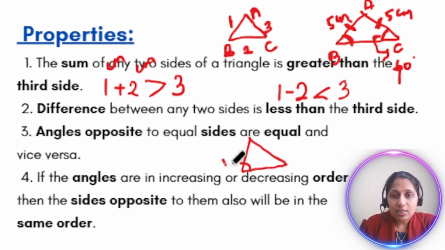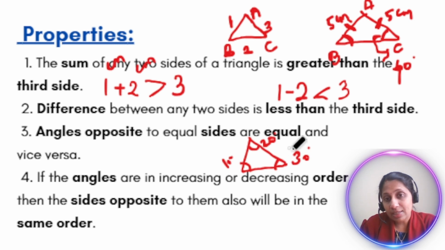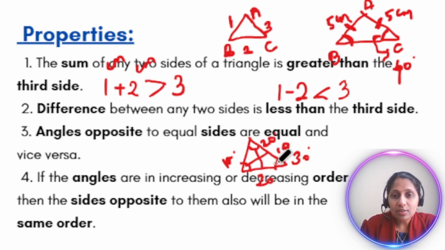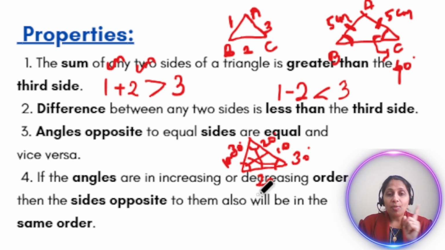If this is 10 degree, this is 20 degree, this is 30 degree, the angles are in increasing order from this side, right? Then the sides opposite to them: opposite to this, say, this is 10 centimeter, this is 20 centimeter, then this side 30 centimeter. So the sides opposite to them will also follow the same order, nothing but increasing order in this case.